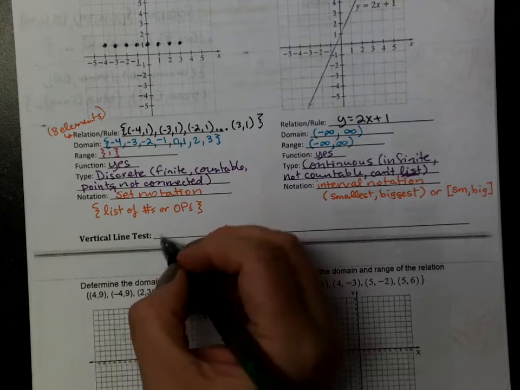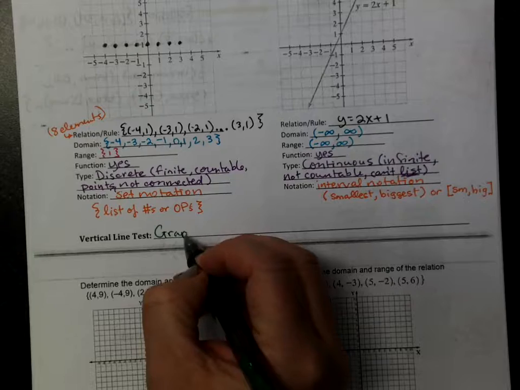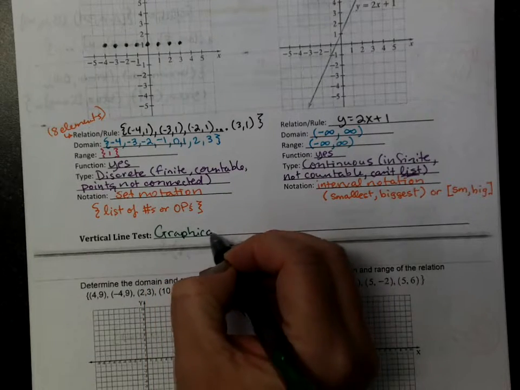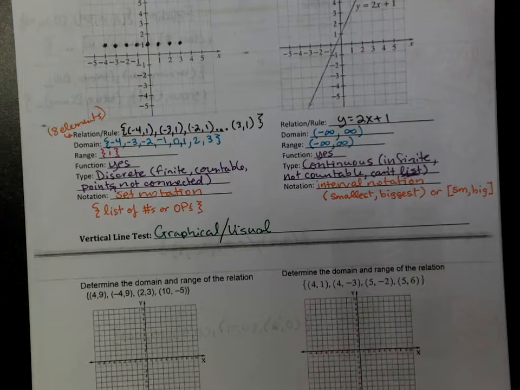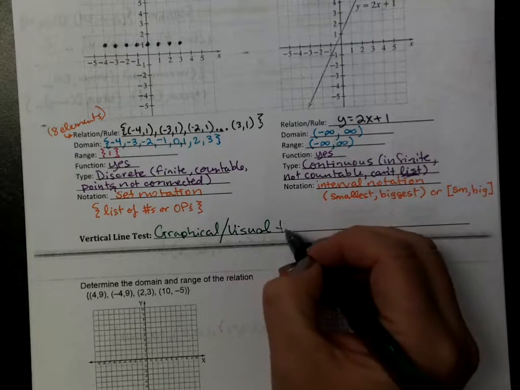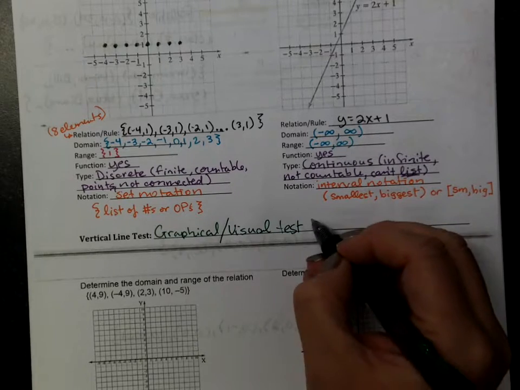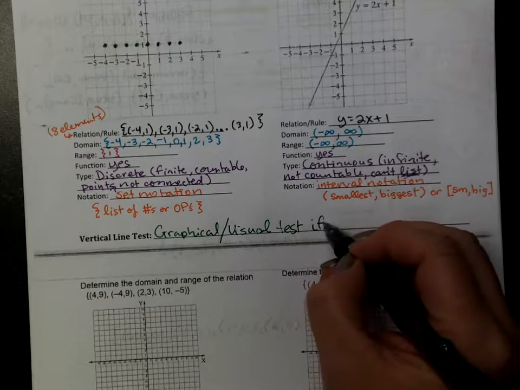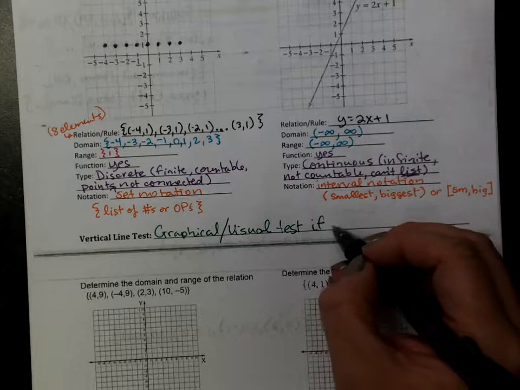Okay. So another way to tell if something is a function, if you're looking at the graph of it, is a graphical or visual test. A graphical or visual test to see if a relation is a function.